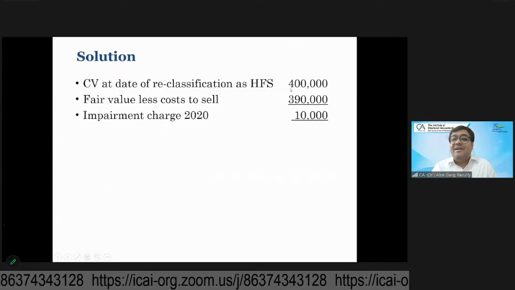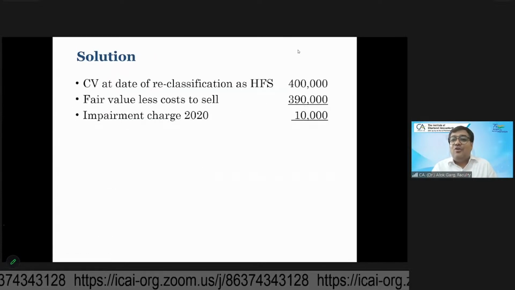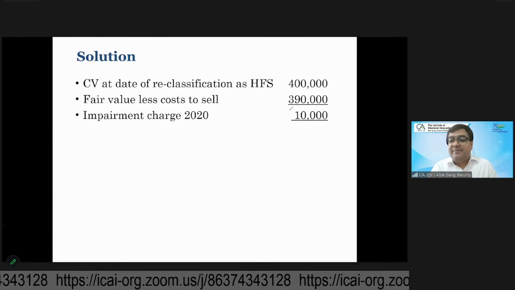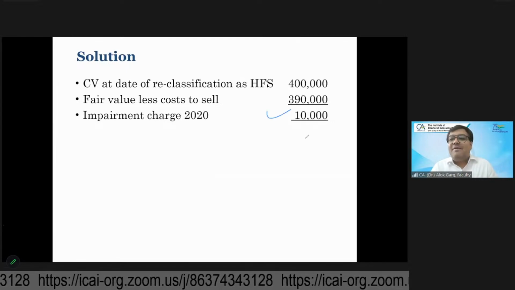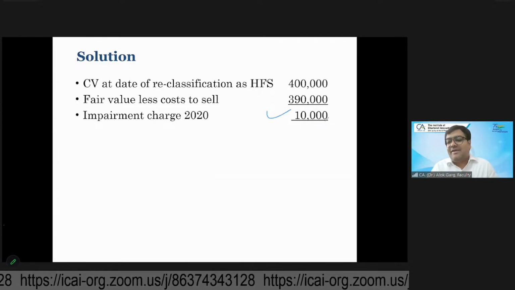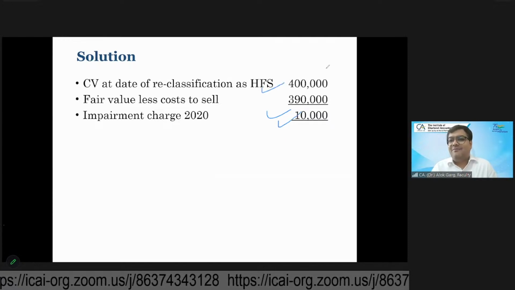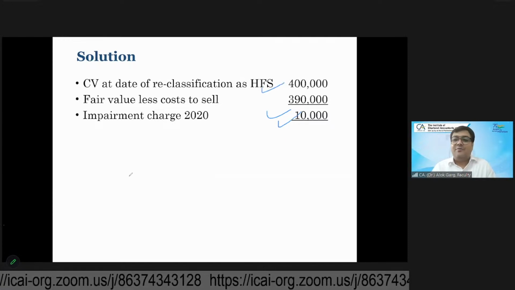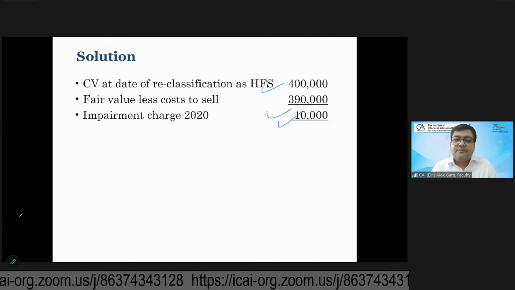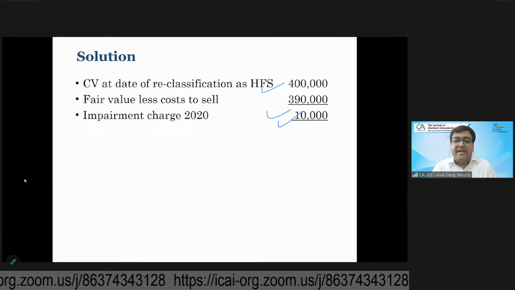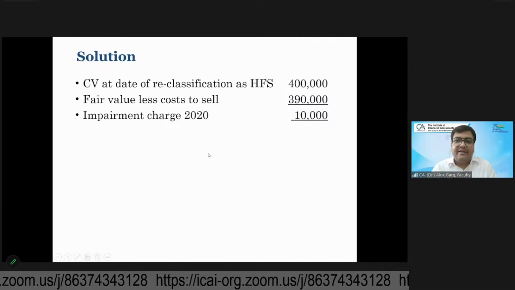What is the next accounting entry? Non-current asset held for sale account debit 3,90,000. Impairment loss account debit on change in classification 10,000. To property, plant and equipment credit 4 lakh rupees. This is the accounting entry. Is that clear?